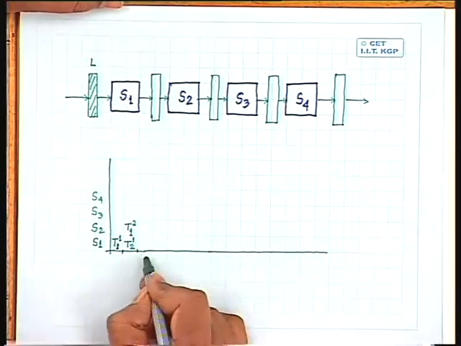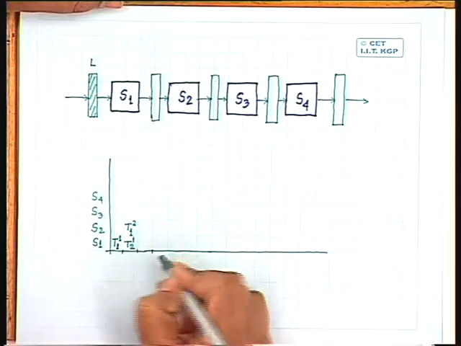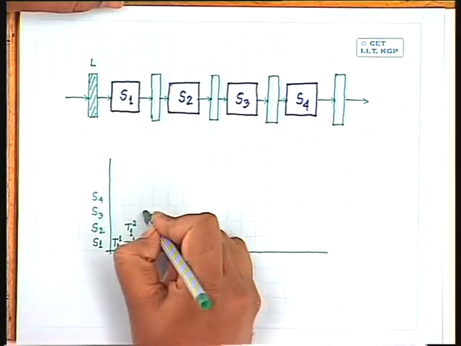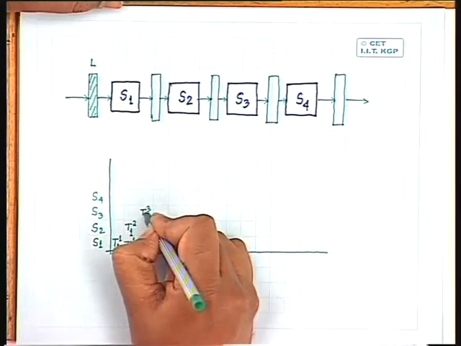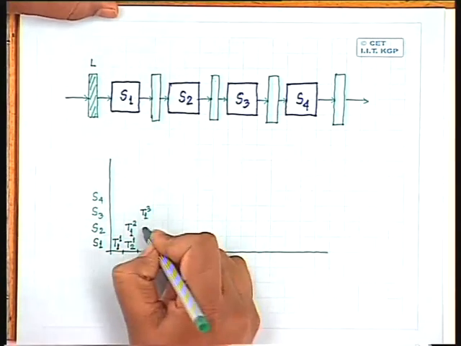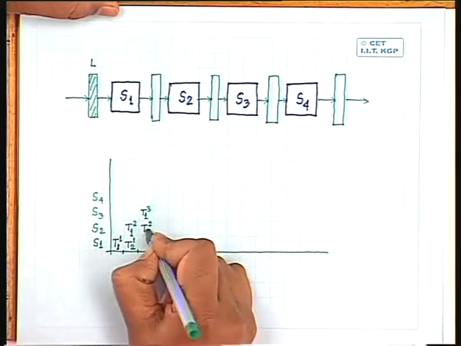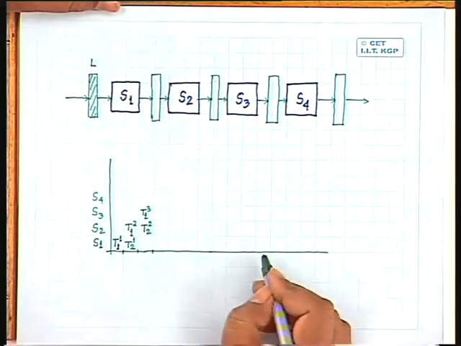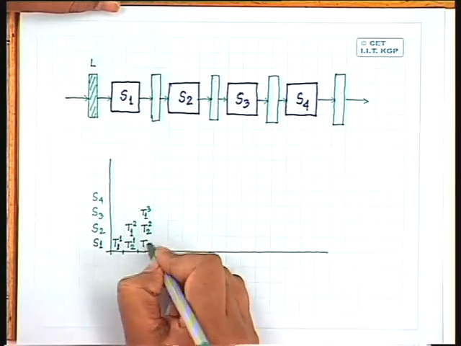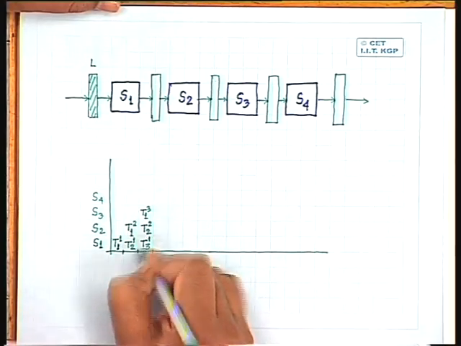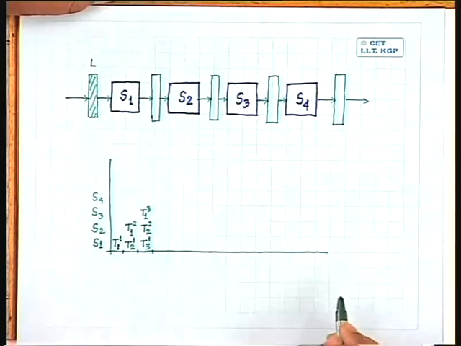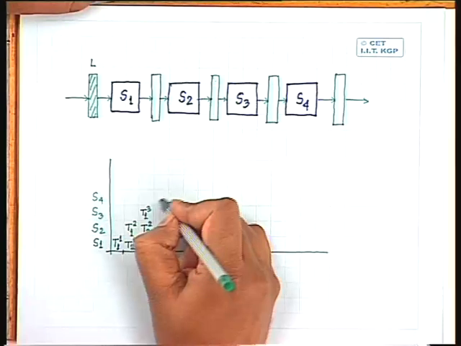Okay. During the next time interval, the third subtask of the first task can be executed by S3, the second subtask of the second task can be executed by S2, and the first subtask of the third task can be executed by S1. So this way it can continue.